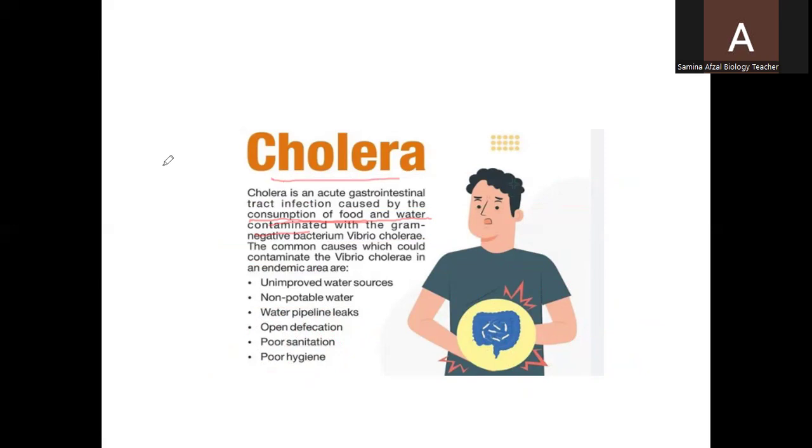So the common causes which could communicate Vibrio cholerae in an endemic area are unimproved water sources, non-potable water, water pipeline leaks, open defecation, poor sanitation, and poor hygiene. So these can be the causes of an endemic in the world.